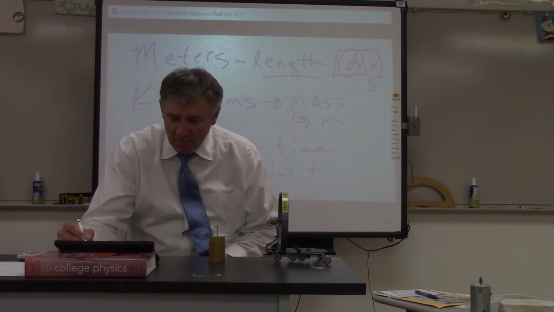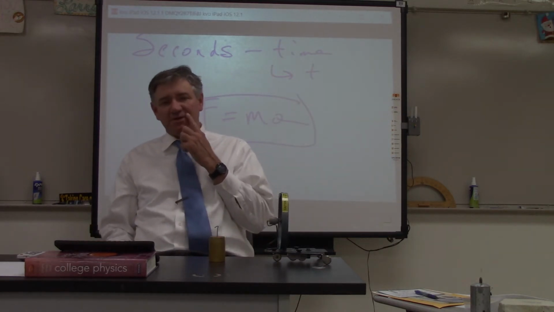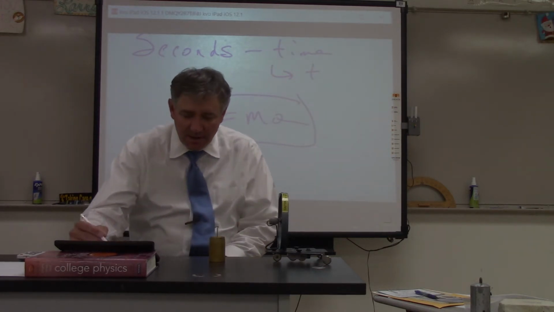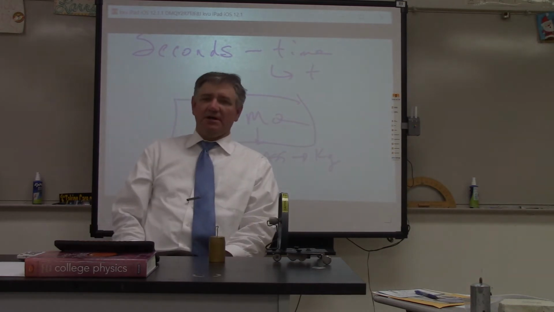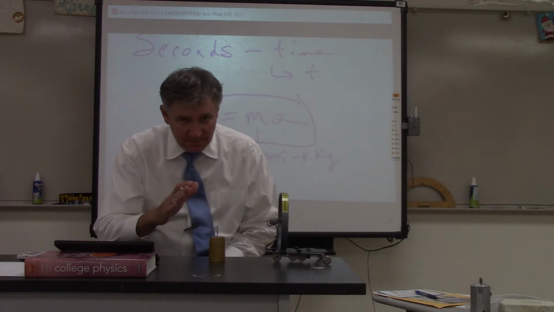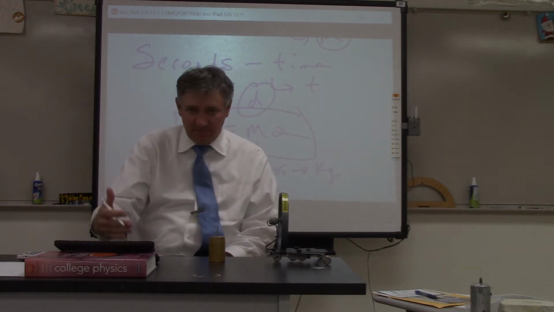When you see M as a variable, for example, F equals MA, the big dog equation of all big dog equations in physics, that M right there is going to be mass, which is in kilograms, okay? If I want meters, then I would put distance in there, and then you would substitute meters.